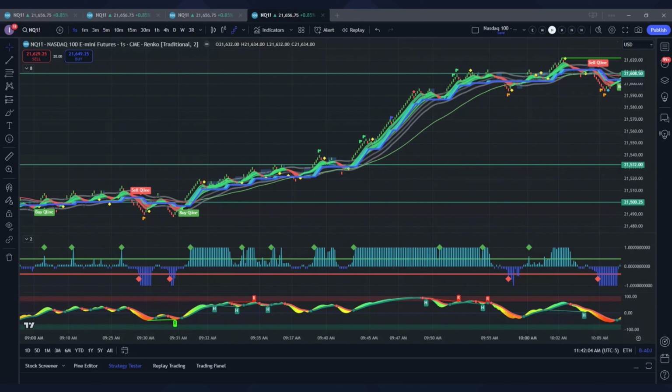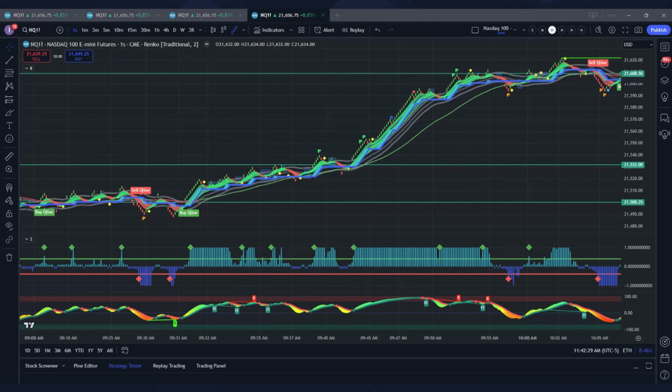Let's say you have a 50K account and you take a two mini contract, which gives you about $40 a point. 40 times 17 is $680, right? Are you able to withstand a $680 pullback?